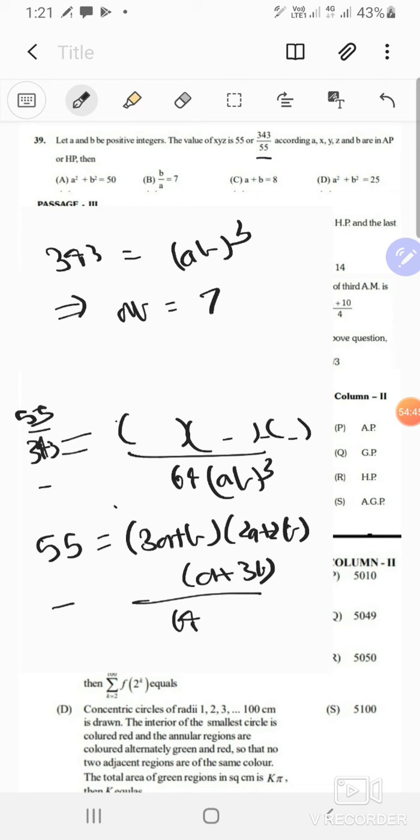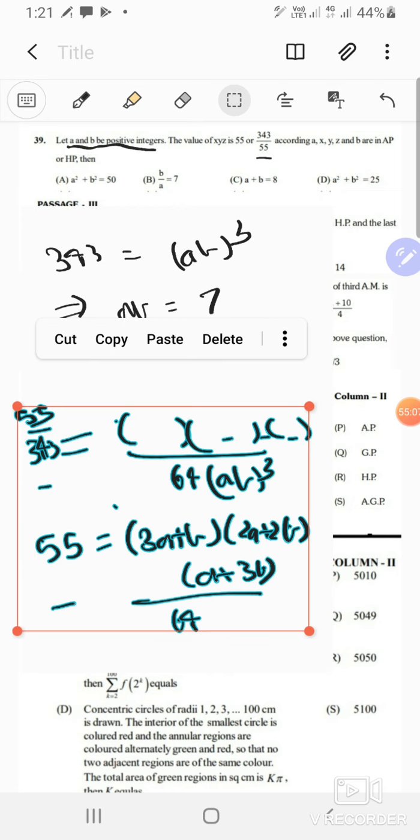Then you got a plus b equals 8, b upon a equals 7. That's obviously not correct. Oh, and also a and b are positive integers. That's a really big hint.